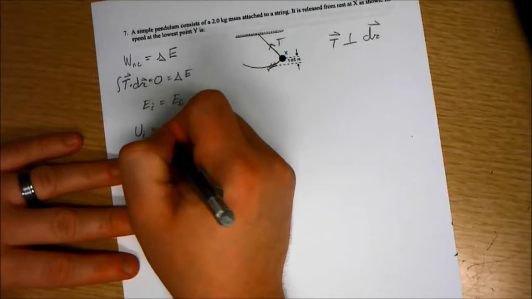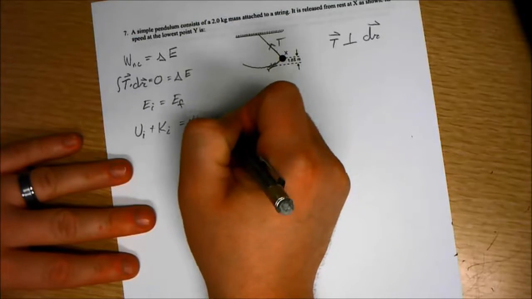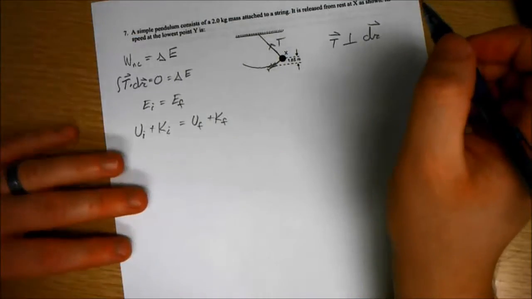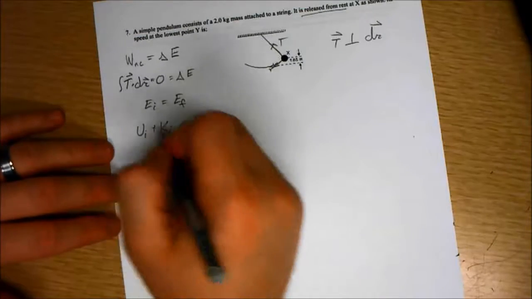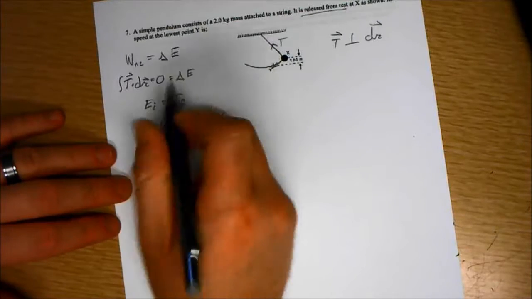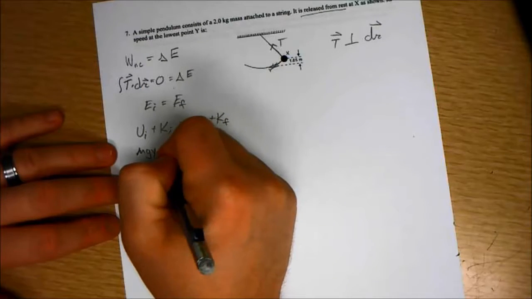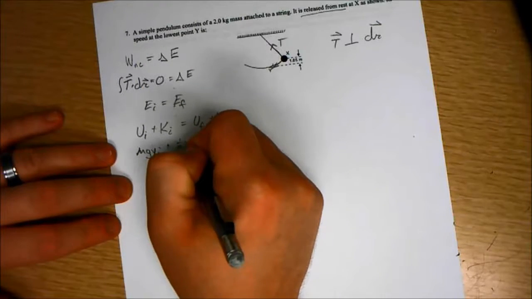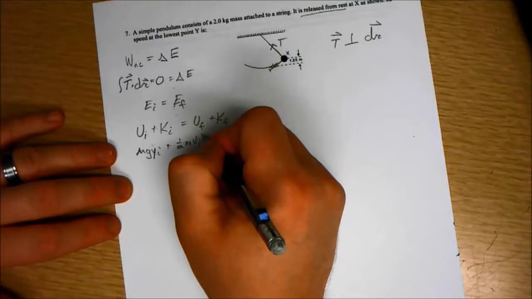So U initial plus K initial equals U final plus K final. It's released from rest, so I'll just write it, mg, so I'm just expanding kinetic and potential energy.